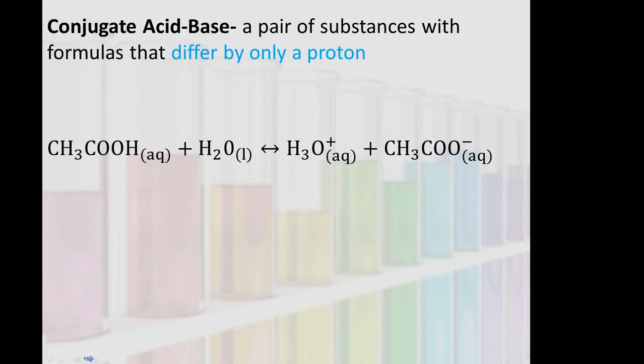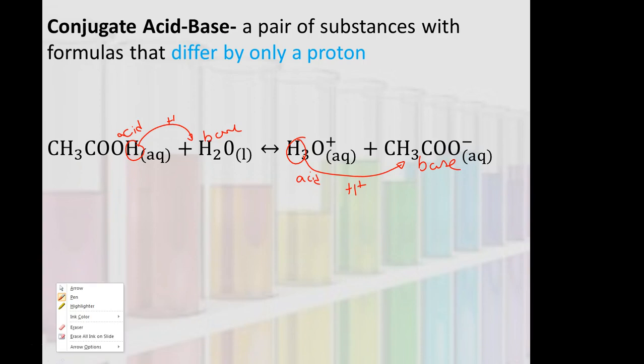Okay, so when I was looking at this, we said this donates to here, and this was the acid, this was the base, and then I said this comes from here to here, this was the acid, this is the base. We have what are called conjugate acid-base pairs.